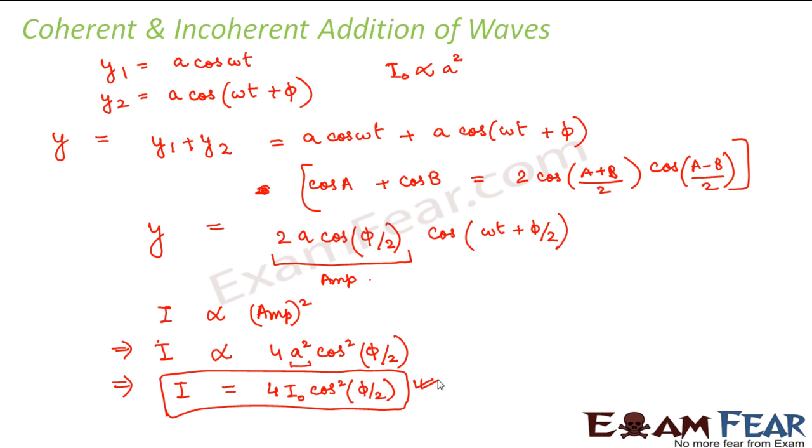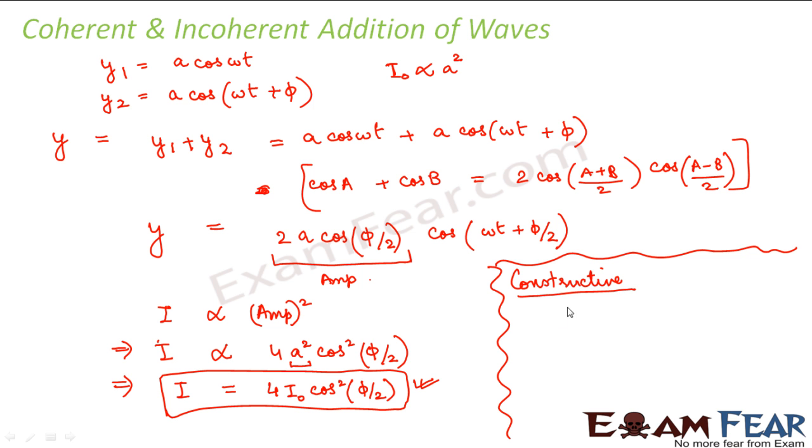So let us quickly summarize whatever we have studied so far. Constructive overlap takes place when path difference is n lambda and the phase difference, that is phi, is 0, plus minus 2 pi, plus minus 4 pi and so on, because these are the phases corresponding to path difference n lambda.